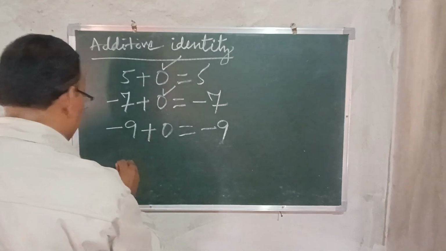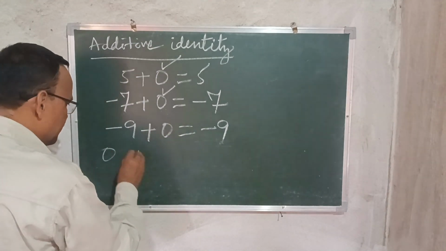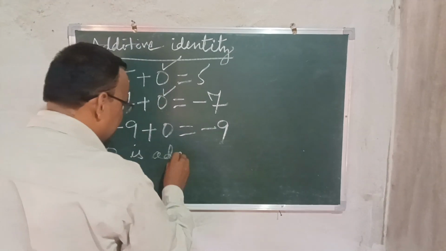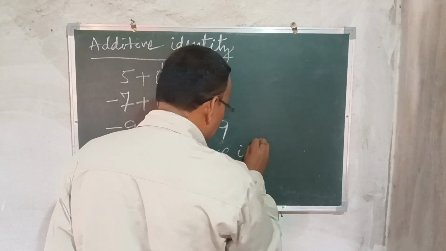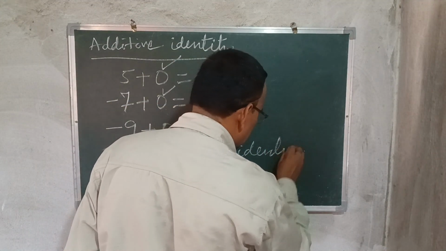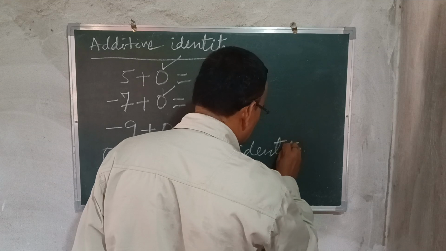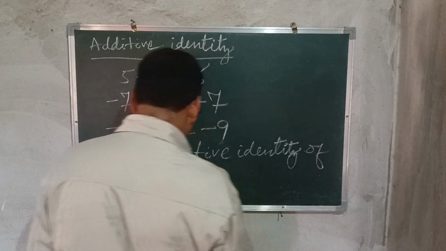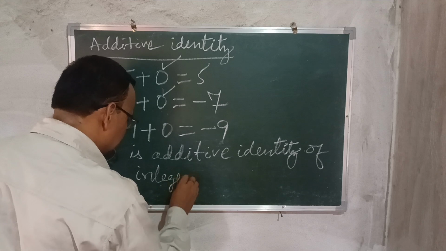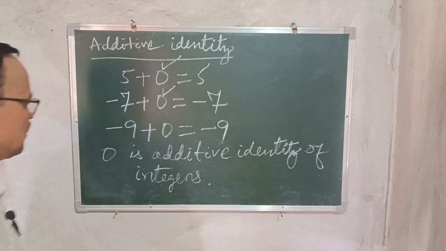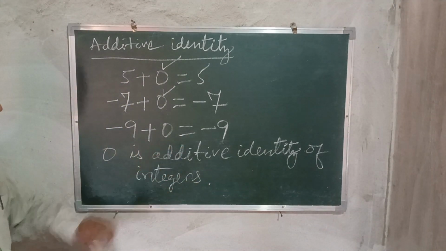So 0 is called the additive identity. 0 is the additive identity of integers.